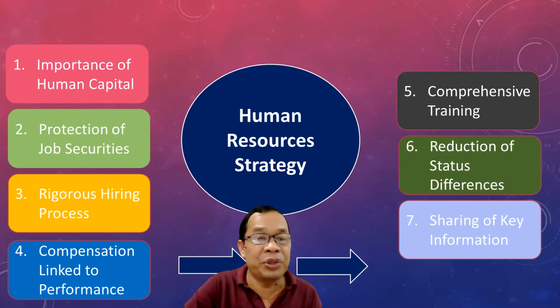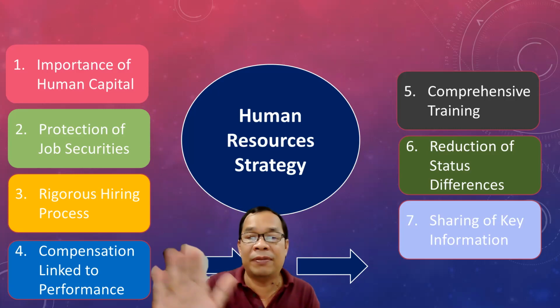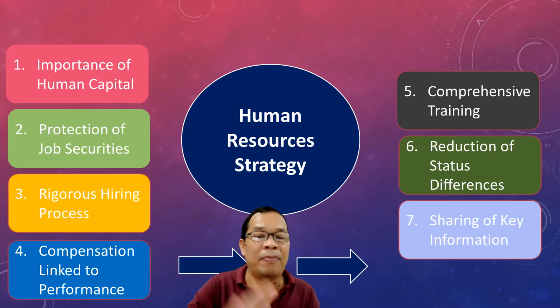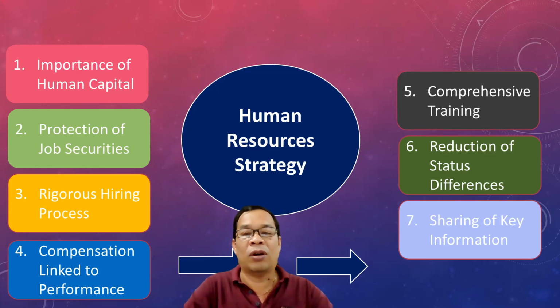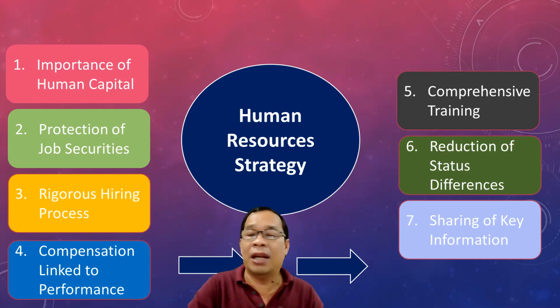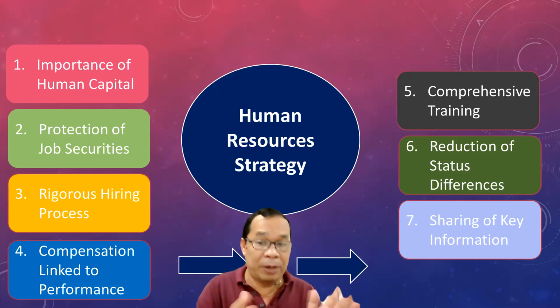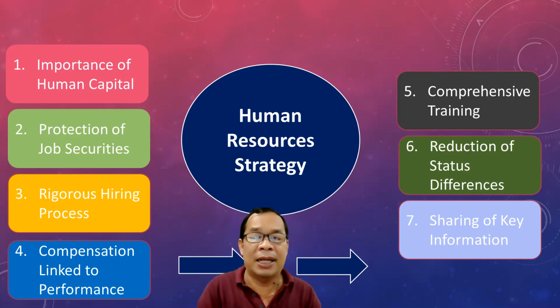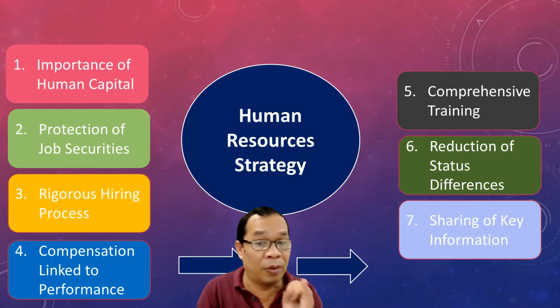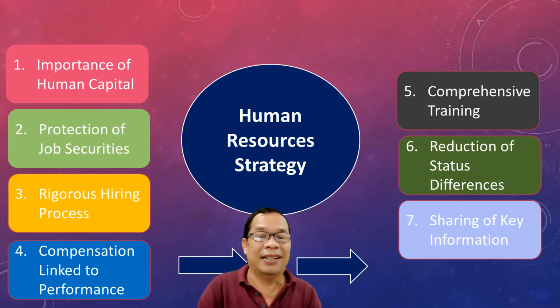And sharing of key information. The benefits of sharing information in the workplace are that you can achieve the following by encouraging collaboration among your employees. One is truth, which will enable better decisions.